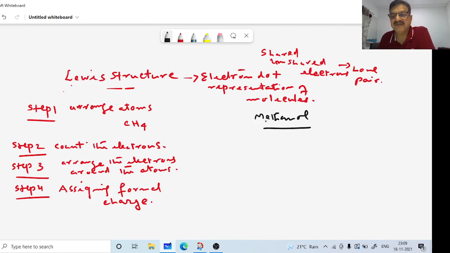Methanol, what is the formula? CH3OH, or it can be CH4O. This is methanol, CH4O. Now again the same thing, step 1. What is step 1?